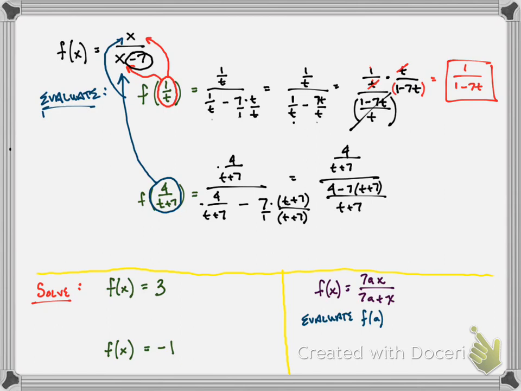Once again, dividing by this fraction is the same as multiplying by the quantity t plus 7. Notice I'm going to wrap it in a pair of parentheses. Over 4 subtract 7 times the quantity t plus 7.